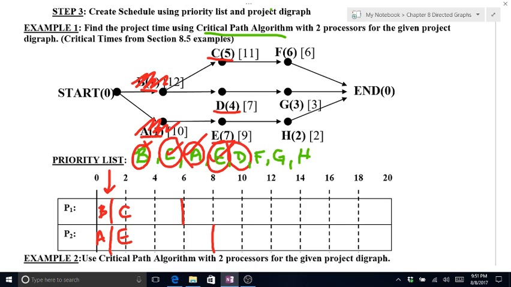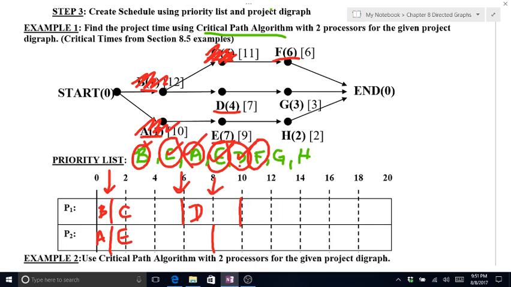Processor 1 finishes first with task C at the end of 6 minutes. When C is done, F is now ready to schedule. So D and F are both eligible. D comes first in my priority list, so D gets scheduled first, and that takes me out to 10 minutes.